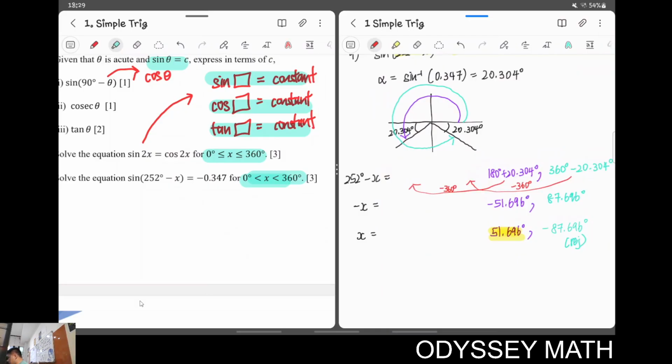You will get minus 159.696 degrees, and then 360 minus, oh, then that will just be minus 20.304 degrees, understand? And then now you do the same linear equation. You bring the 252 over.